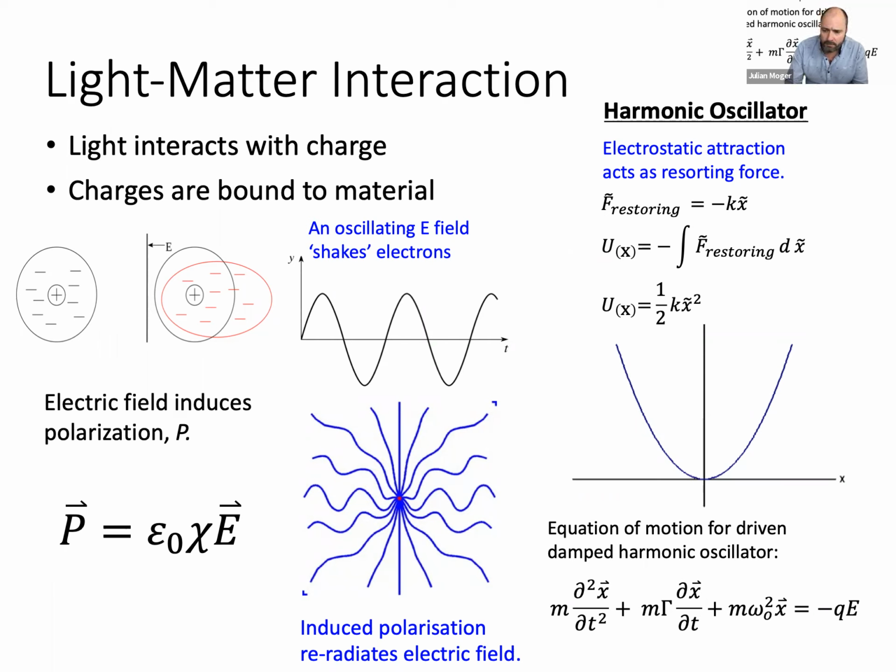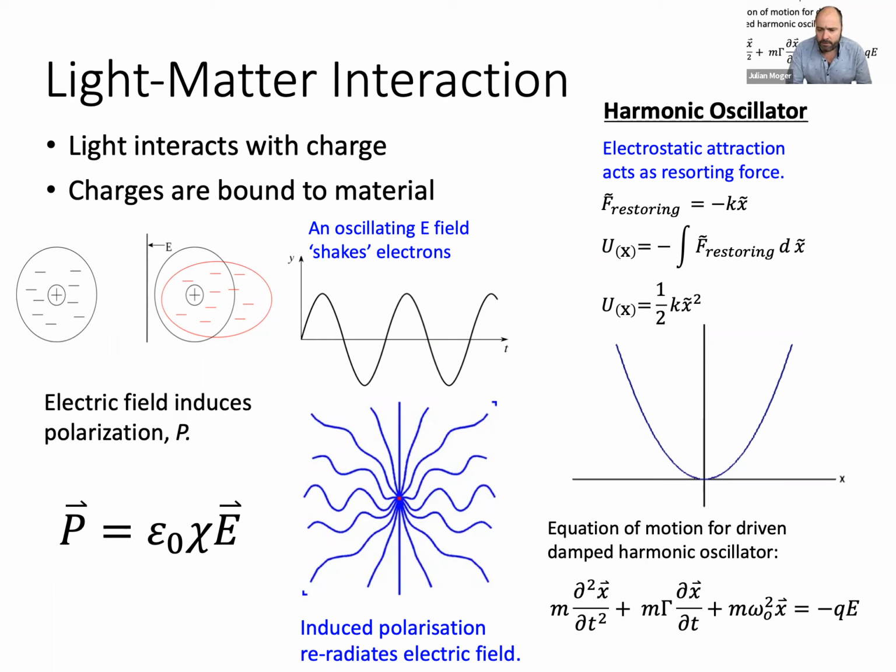We know that the restoring force in harmonic motion is linear with the displacement from the equilibrium position. As we drag the electrons away from their equilibrium position, the restoring force scales linearly with that displacement if we consider them to be a harmonic oscillator. And in that case, our potential well that these electrons sit in takes the parabolic form.